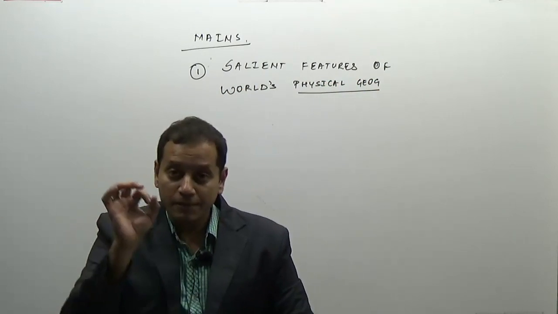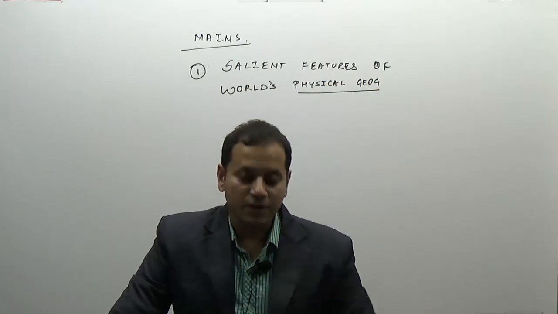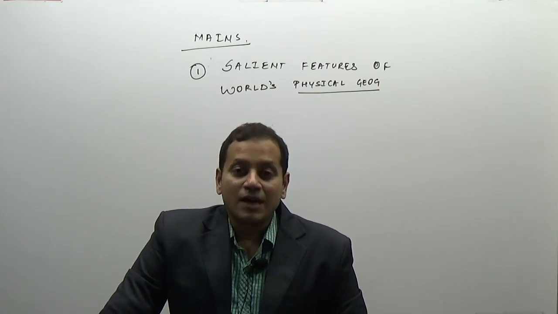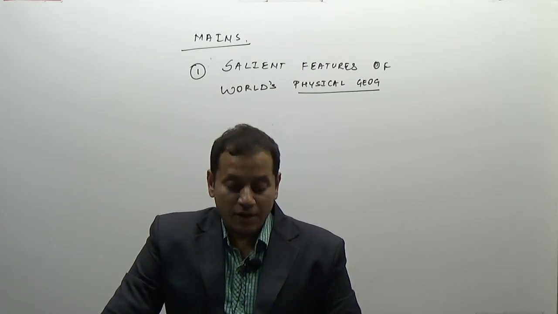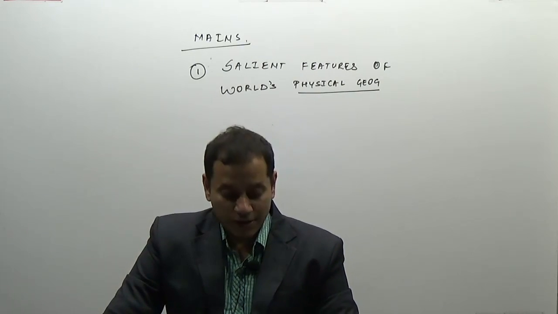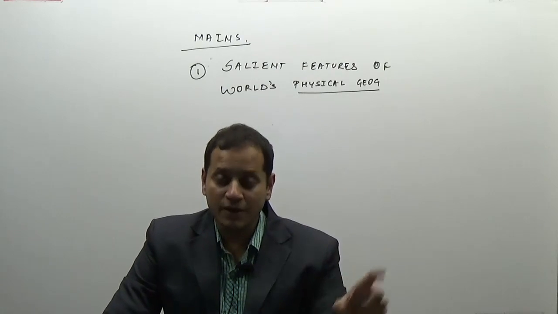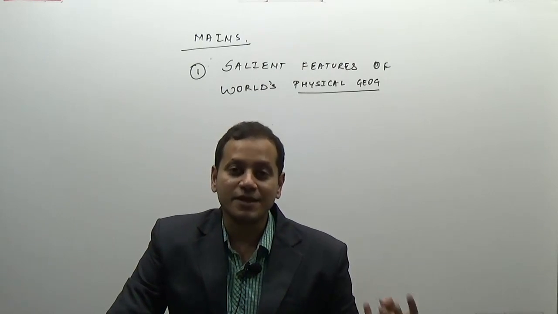So what do you mean by physical geography? We know there are numerous mountains, numerous landscapes, numerous rivers. Our earth is surrounded by water, that is our continents are surrounded by water. We have an atmospheric covering over it. This part forms physical geography.